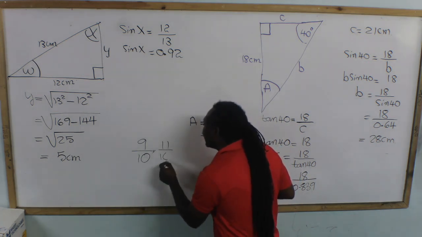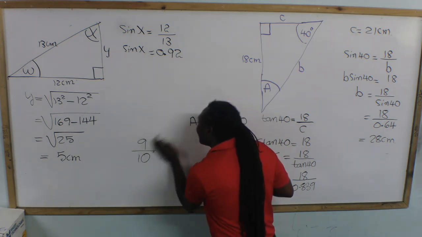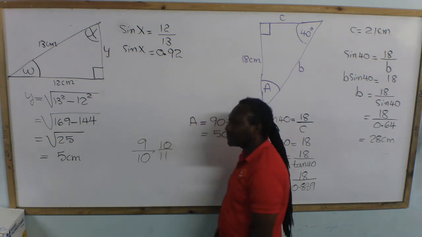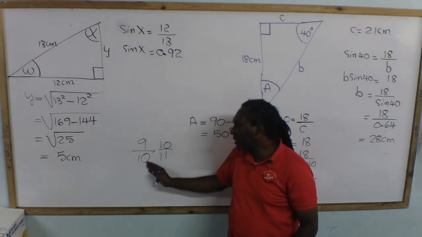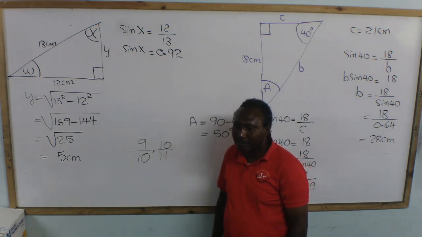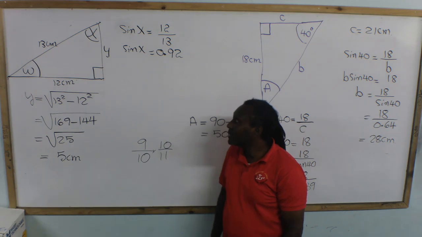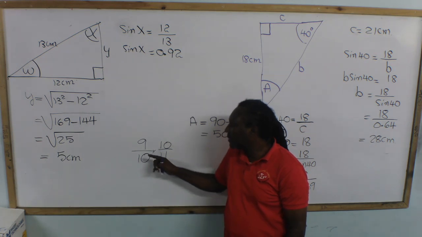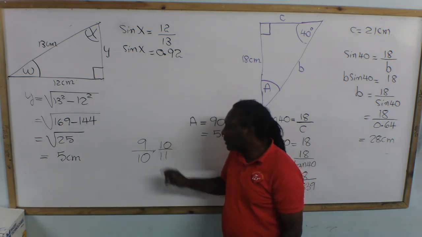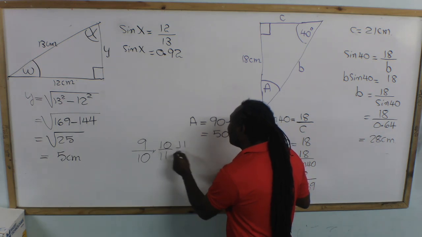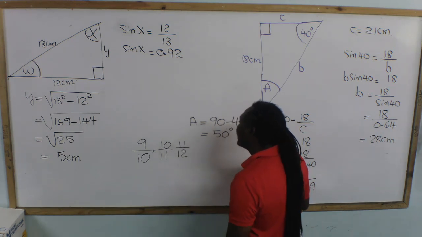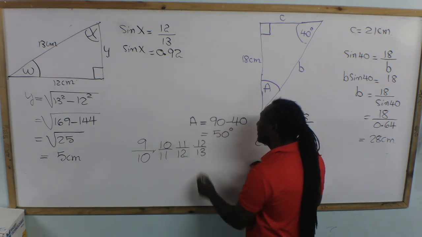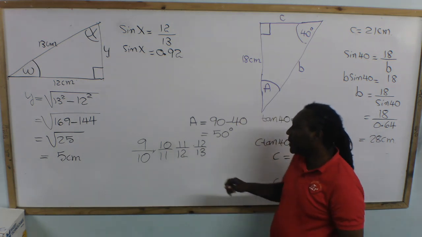Now look at this one. 10 over 11 or 11 over 12, which one is larger? 11 over 12 or 12 over 13? 12 over 13.